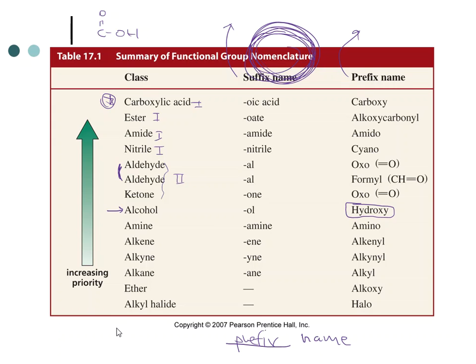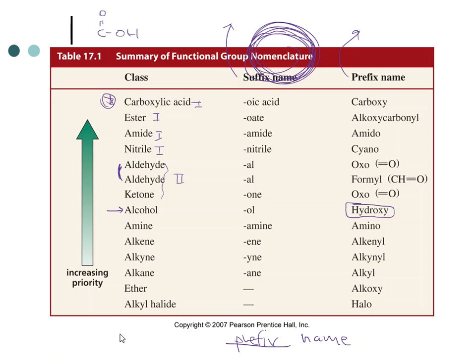Meaning that wherever the OH is located in the molecule, we're going to name that OH group as a hydroxy group. And we name it at the beginning of the name as a prefix name.